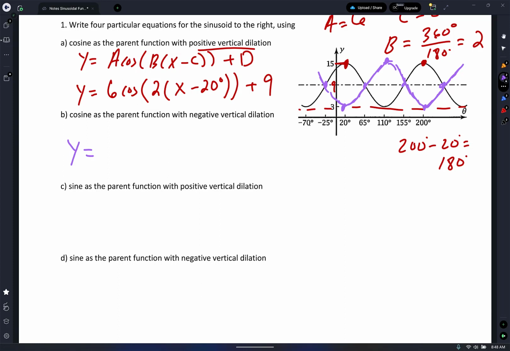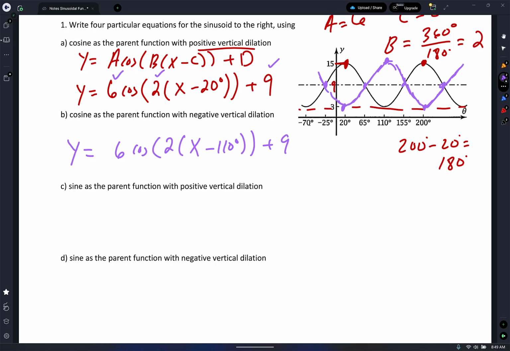I have a peak at what degree? 110. And everything else is the same. The amplitude's the same. The period's the same. So the B will be the same. The midline the same. Everything's the same except for the C, guys. So I'm going to write 6 cosine, open parenthesis, 2, open parenthesis, x minus 110 degrees, close, plus 9.